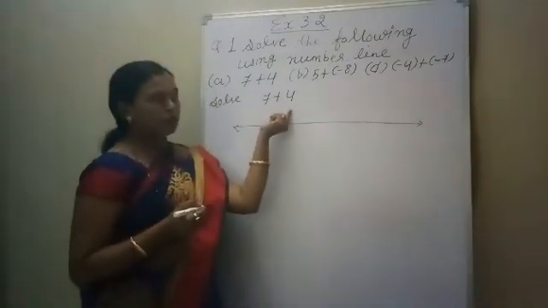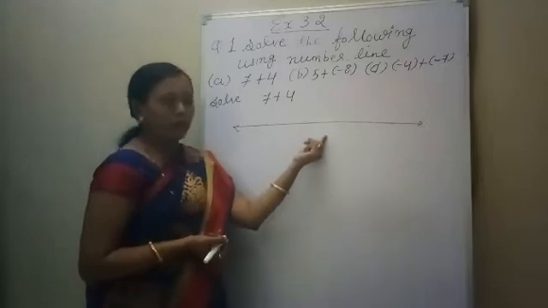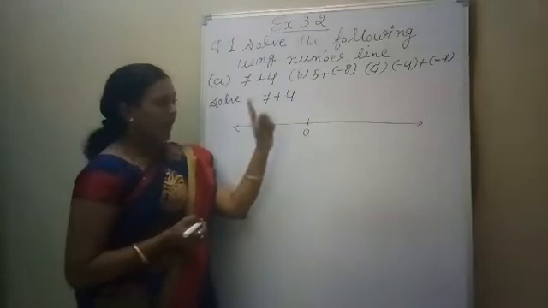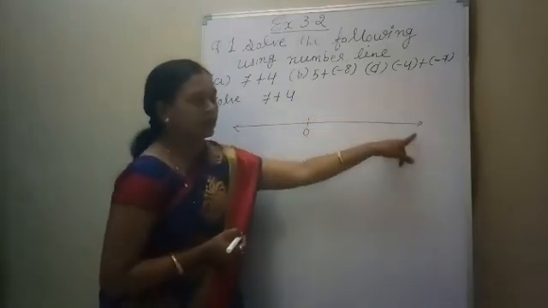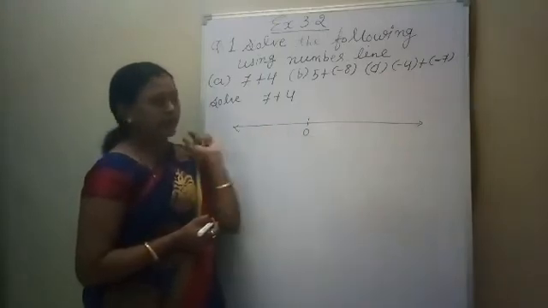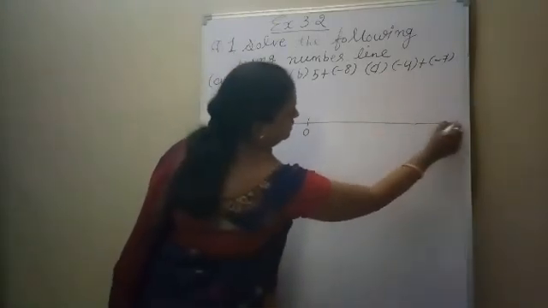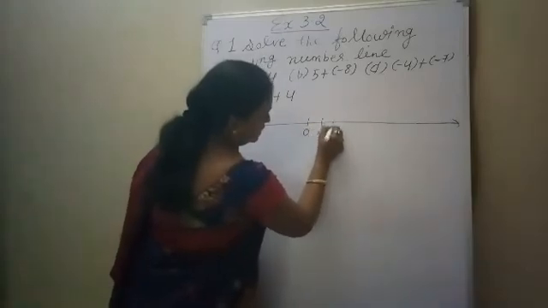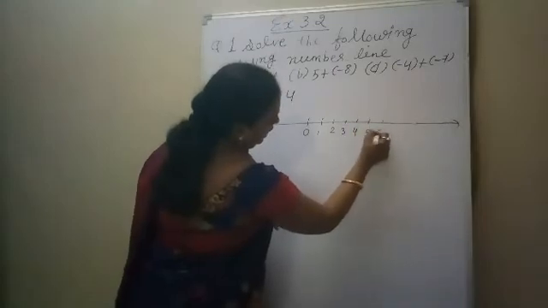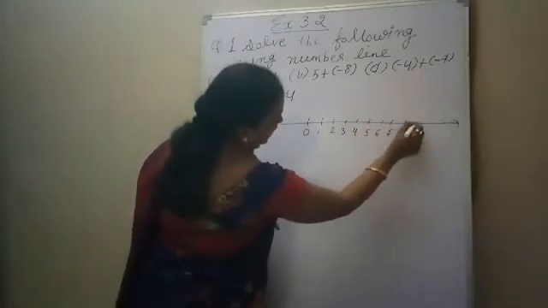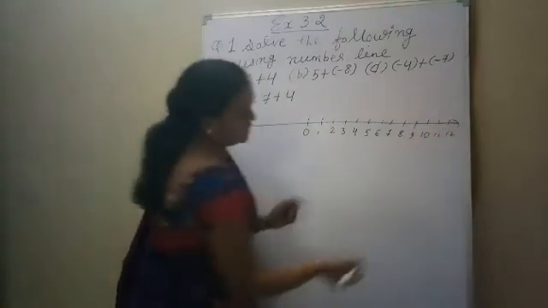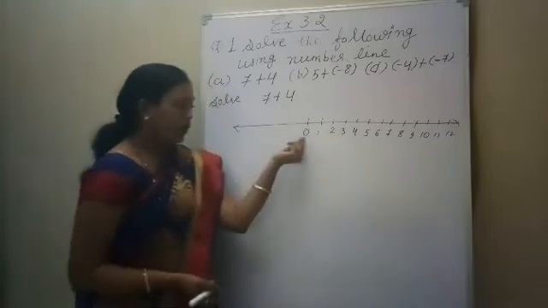So on the number line, how can we represent this addition? First you define 0 in between, and as I explained, on the right side all the numbers are positive and on the left-hand side all the numbers are negative. So here we show 1, 2, 3, 4, 5, 6, 7, 8, 9, 10, 11 and 12 on the right side.